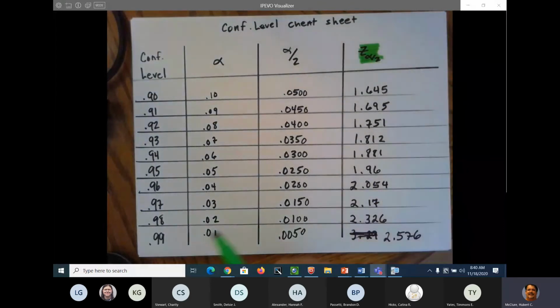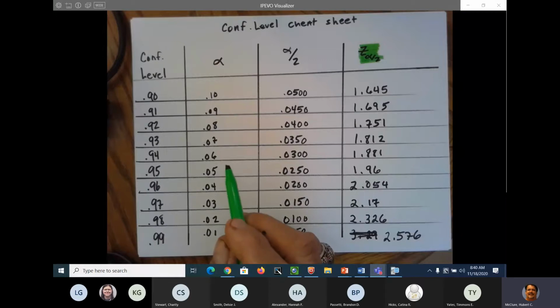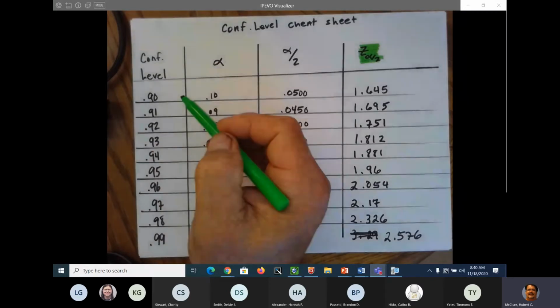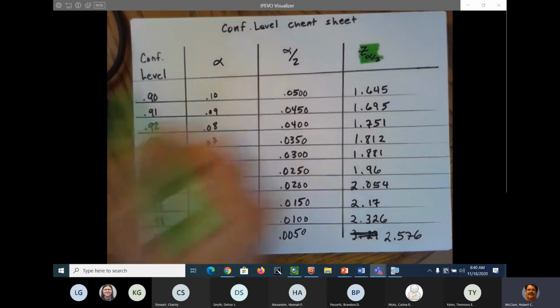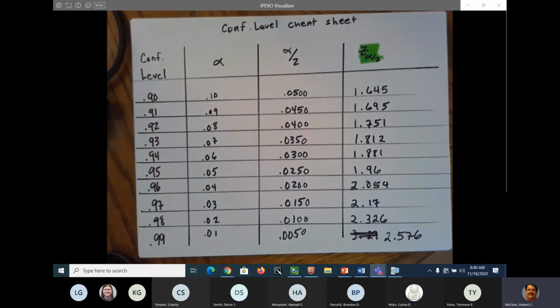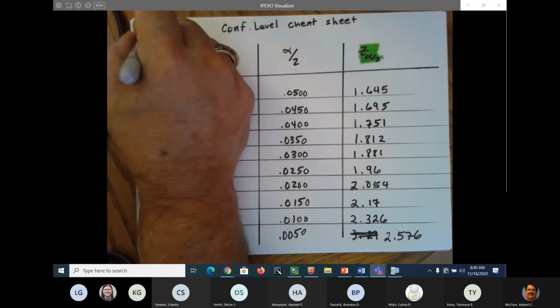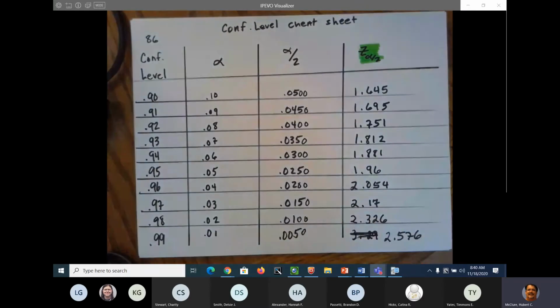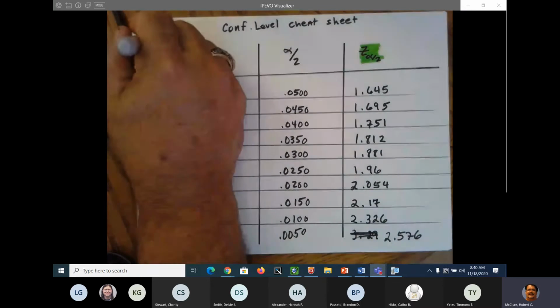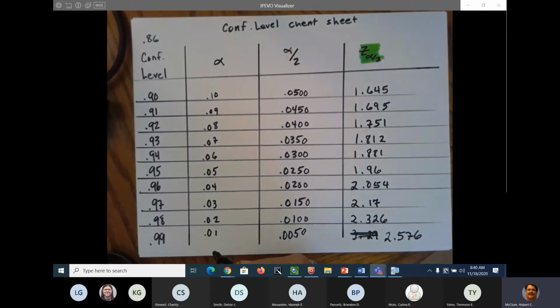Now, since the homework and the test is algorithmically generated, sometimes you have an 86% confidence level. Well, let's do an 86 at the top up here. Now, what's 86 from 100? 0.86. What's 86 cents out of $1? What's left?